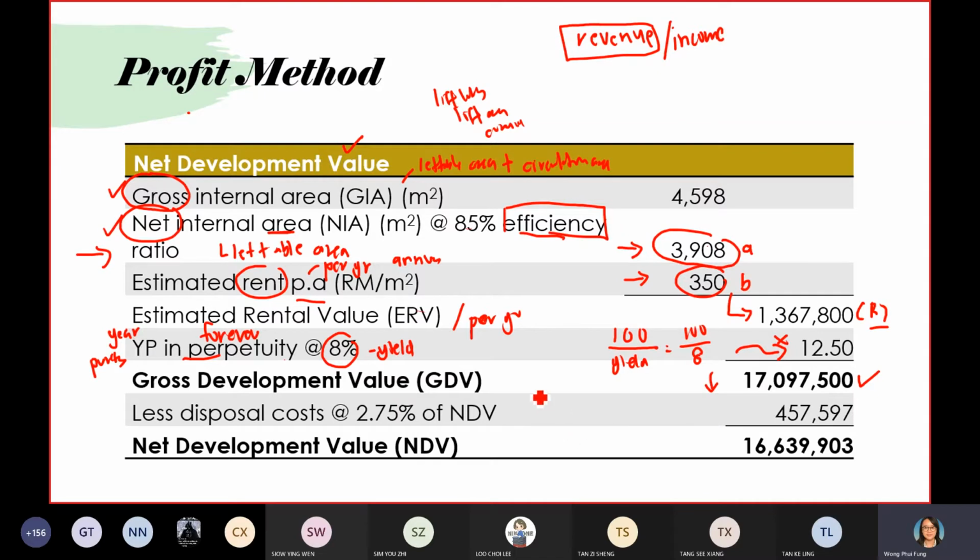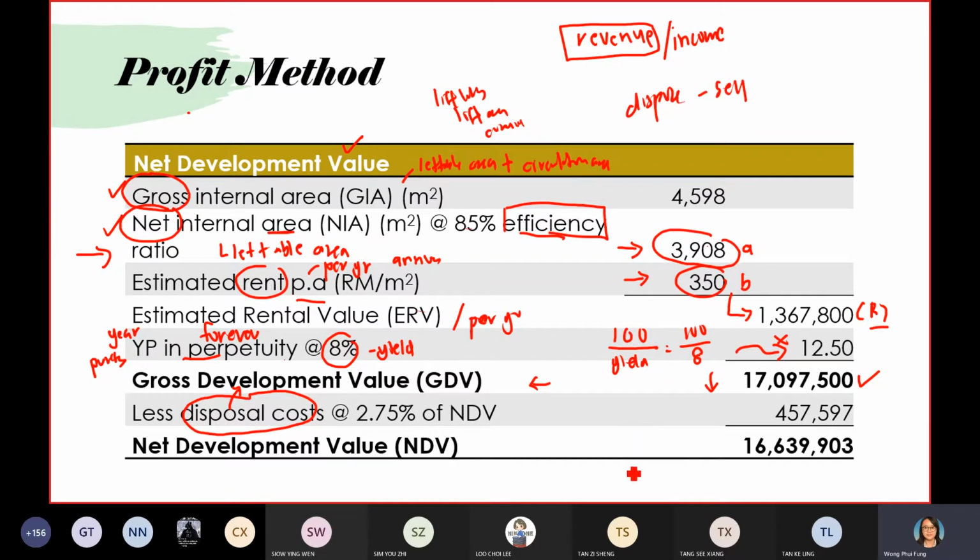So you will reach the GDV. Then disposal cost, this one is another thing. Disposal cost means that you are going to dispose to a third party. Do you know what it means to dispose? Dispose means sell.